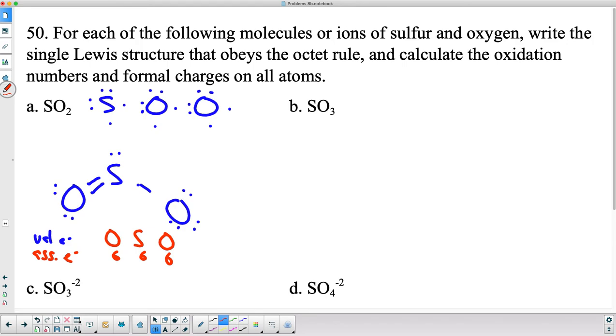Now the assigned electrons for the left-hand oxygen is 1, 2, 3, 4, 5, 6 because I break this in half. So that means 6 for that one. This is 1, 2, 3, 4, 5, 6. So I break that in half, and that gives me 6 for that one. And then this one is, no, I screwed that up. This one only gives us 5.